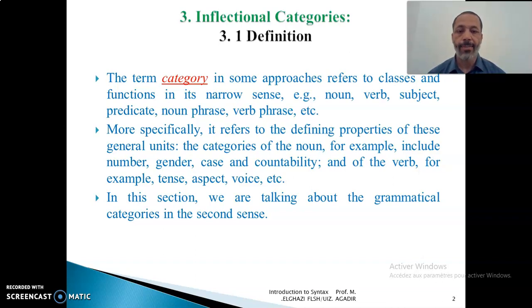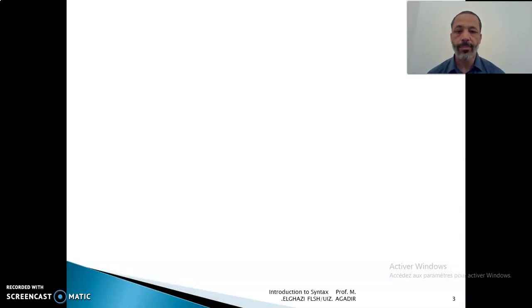That is, they are affixed to nouns or to verbs or sometimes to adjectives depending on the language. So in this lecture about inflectional categories, we are using the term category in the narrow sense in which it refers to aspects of language such as tense, mood, voice, agreement, and so on.